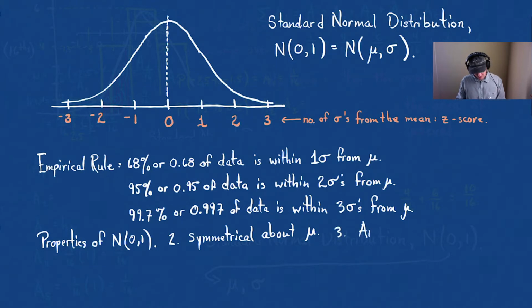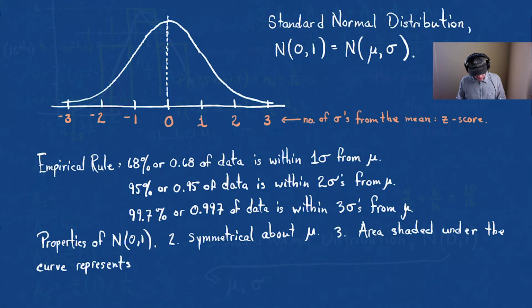The area shaded under the curve represents percentage or proportion of data, or probability.